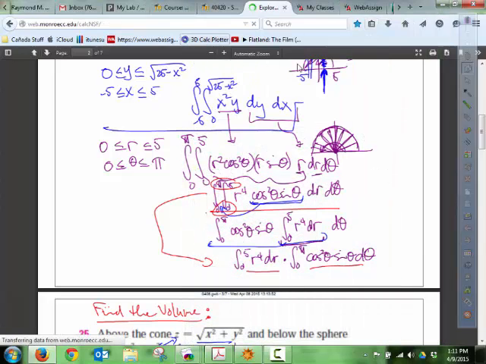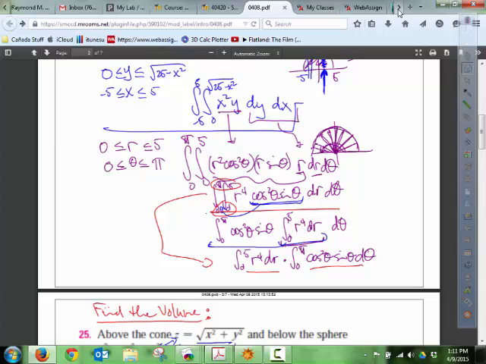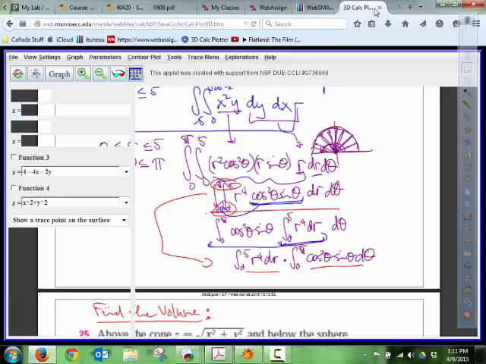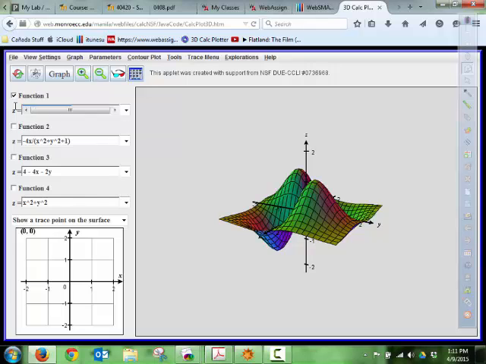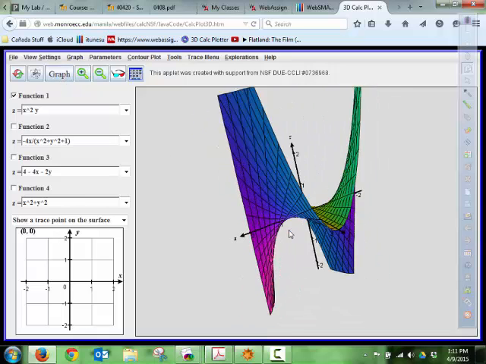But anyways, the 3D calc plotter has a nice feature. So, for example, the graph that we were looking at yesterday was x squared times y. And it looks like this.